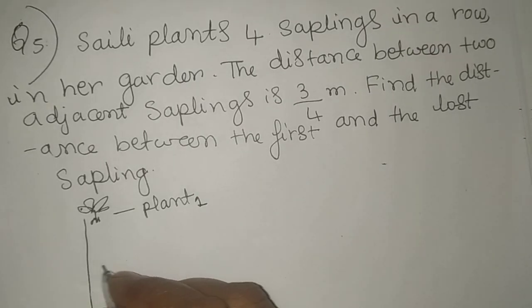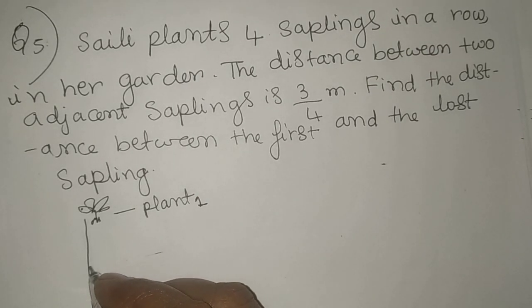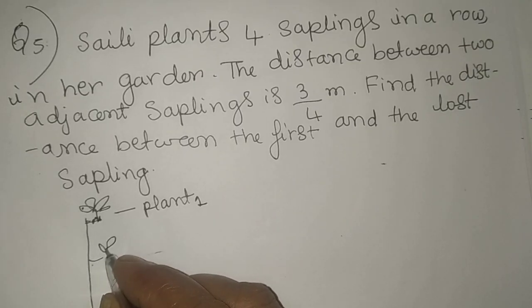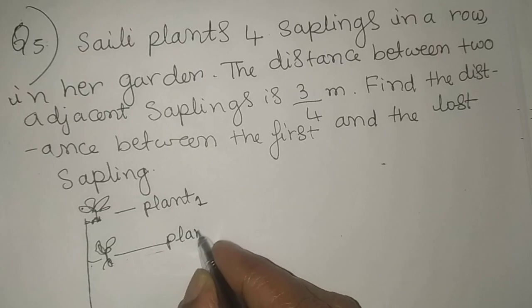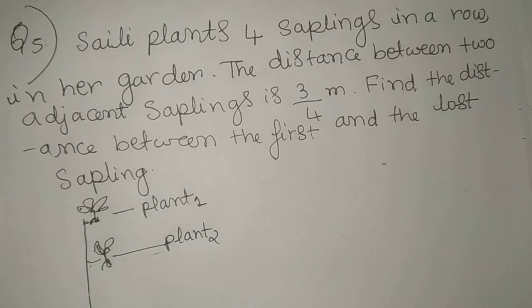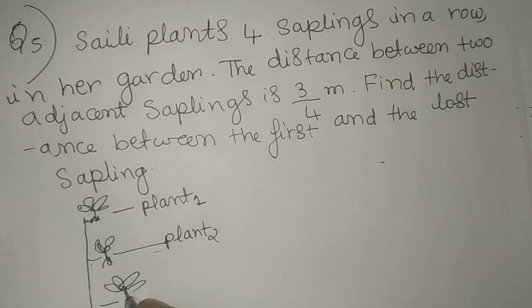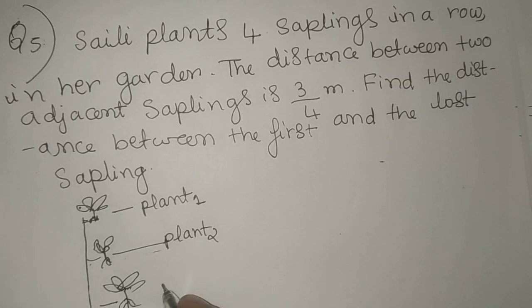Plant 1, here in a row, then here second one, plant or saplings 2, and this is 3.